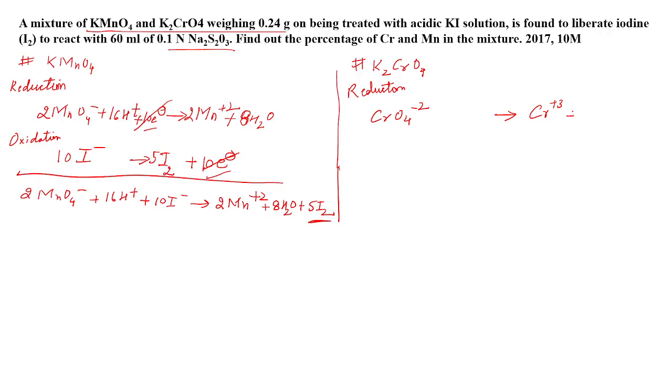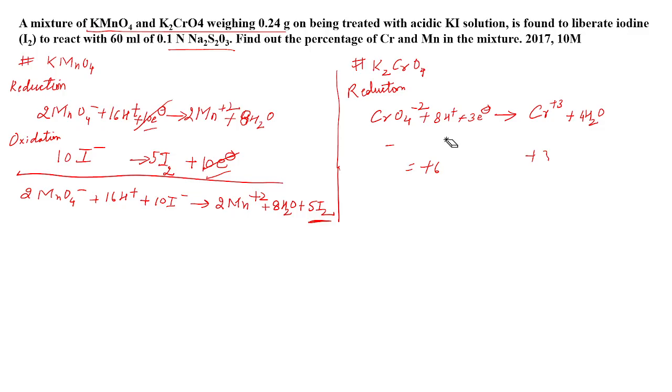We just need to balance oxygen by adding water, 4 water, then by adding protons, 8H positive, and then we need to find out the electron involvement. So here this is -2 plus 8, which is going to be +6, and here it is +3. So to make it balance, we need to add 3 electrons here.